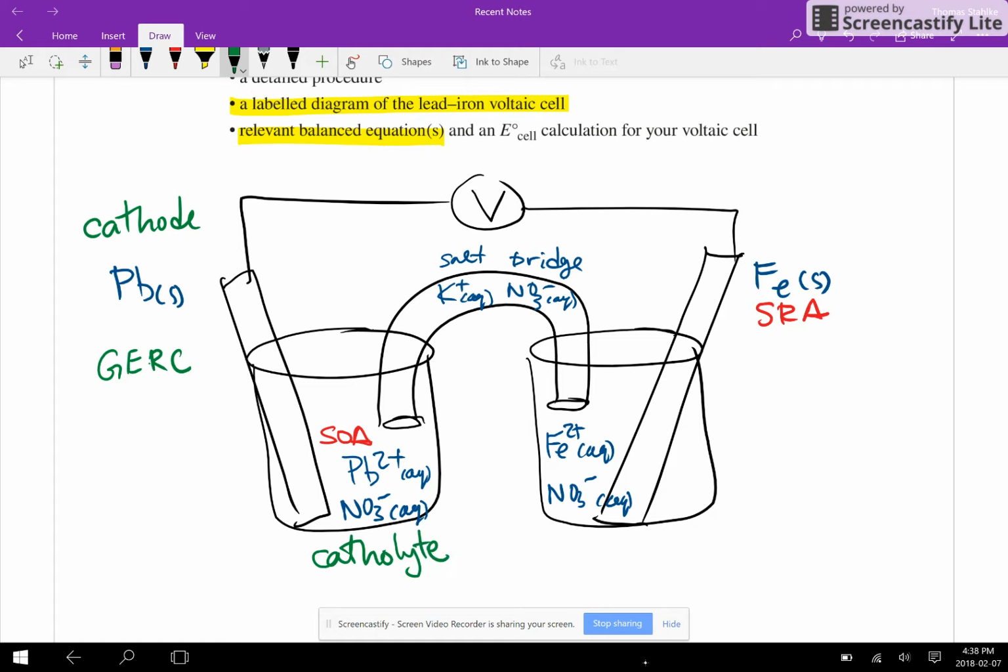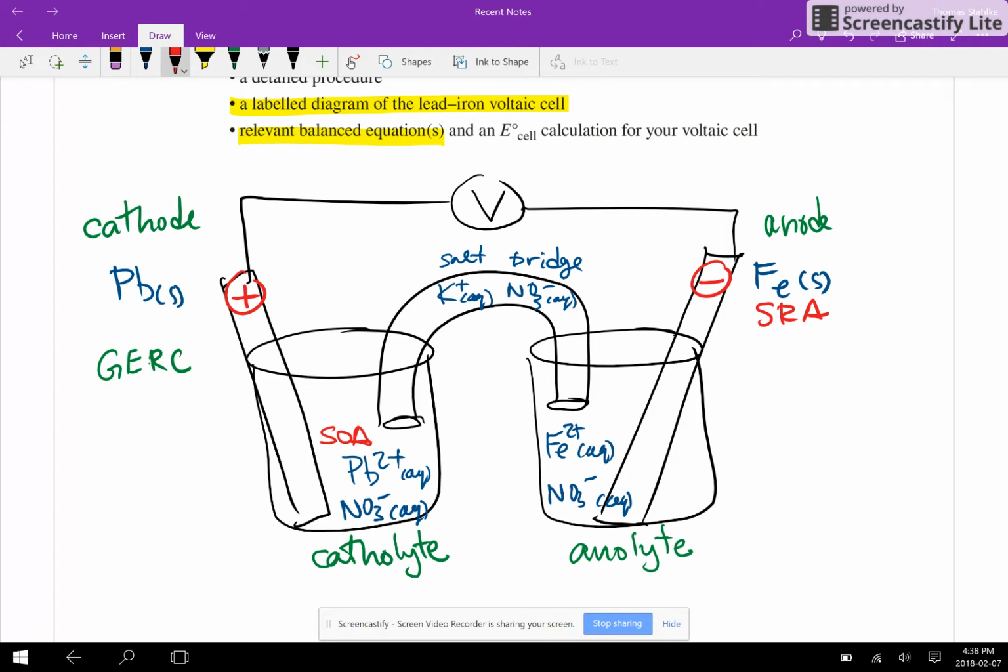So the iron is the anode and the iron solution is the anolyte. Okay, so if the anode is the iron, the charge of the iron anode, or the electrode at the anodic side, is negative, and the lead is positive. The cathode for a voltaic cell is always positive, and the anode for a voltaic cell is always negative.